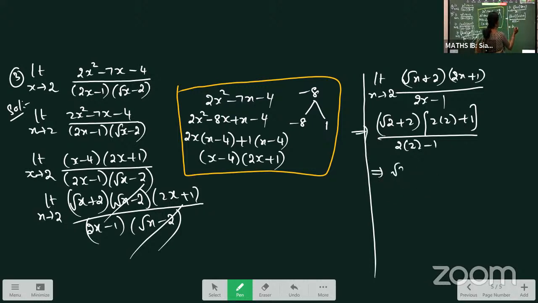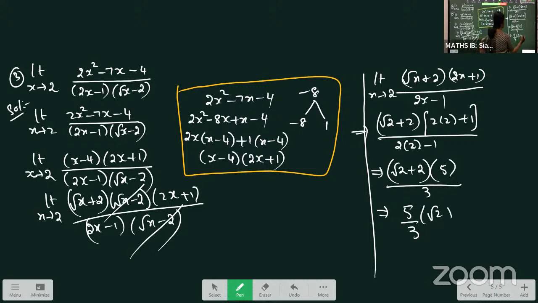Root 2 plus 2 as it is. 2 into 2 is 4, 4 plus 1 is 5, by 4 minus 1 is 3. Therefore the answer is 5 by 3 into root 2 plus 2. So like this we have to simplify if such kind of questions are given.